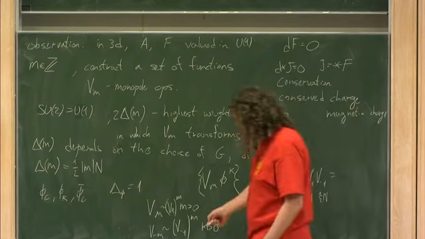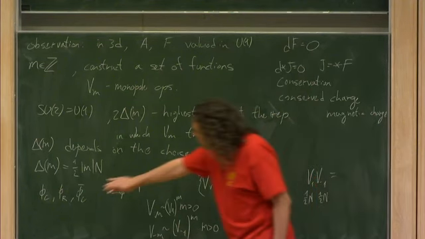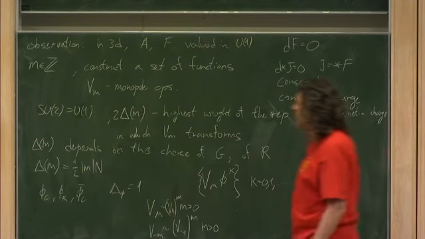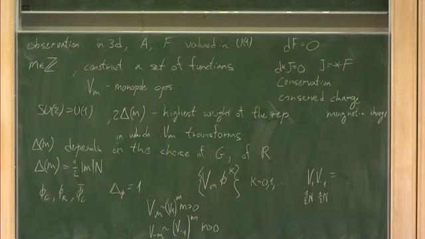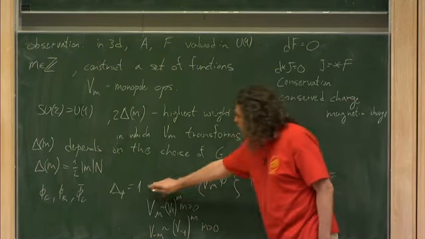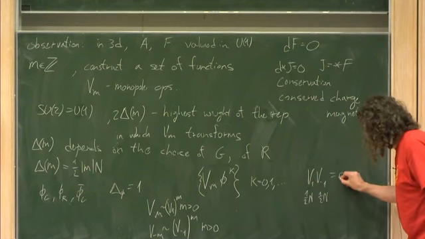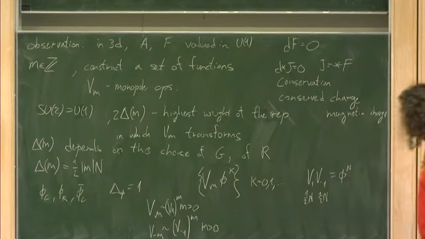But I do have the other object phi. So from now on, I remove the subindex c. I'll just call it phi, just like I did over here. And phi has delta equal to 1. So in order to make delta consistent, I'll just put phi to the n. Okay?